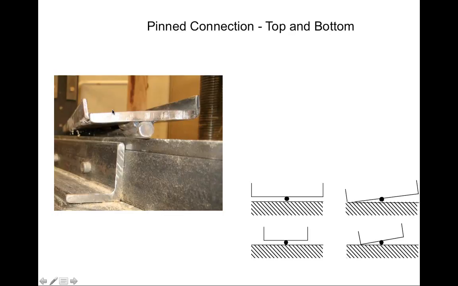Here we have the plate that the column basically sat in. Here's the pin connection so it could rotate. This is the way we set it up ahead of time. And the load would be applied. It rotates to facilitate the buckling of the column. In that way, we were able to make that kind of determination for the columns.